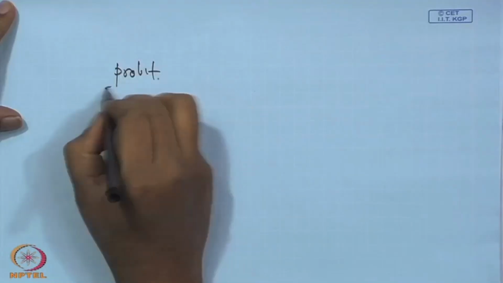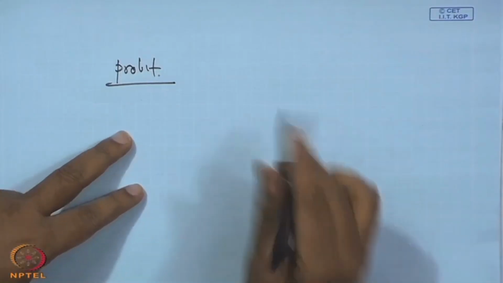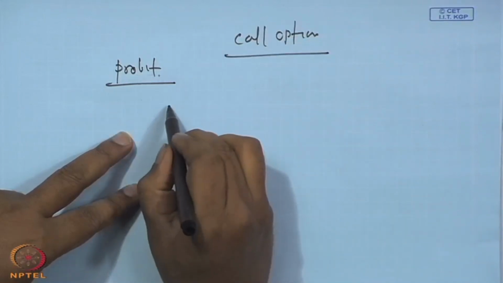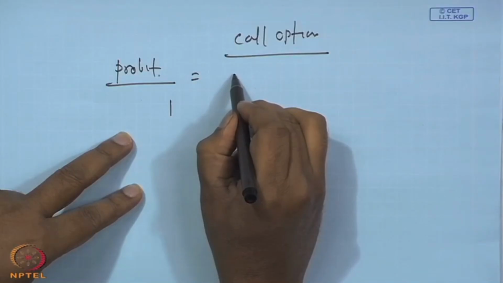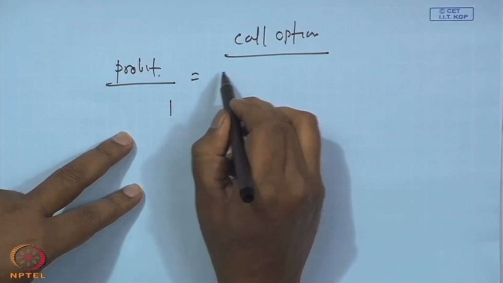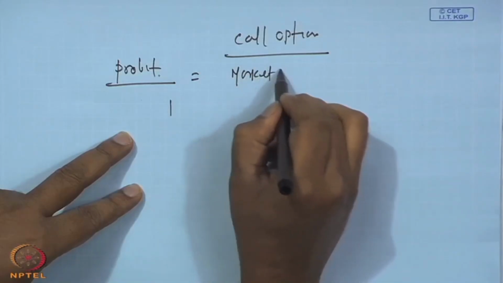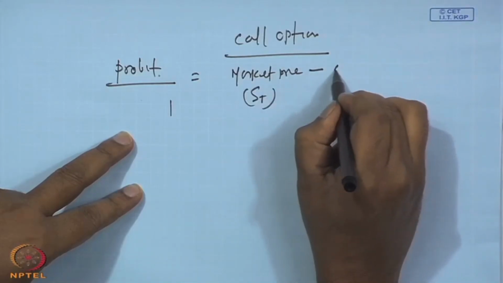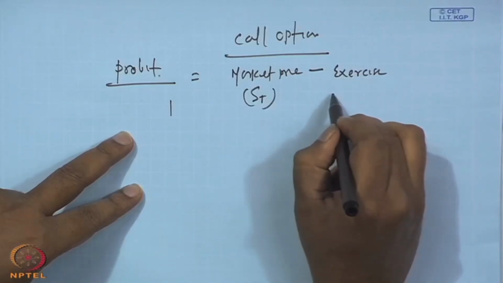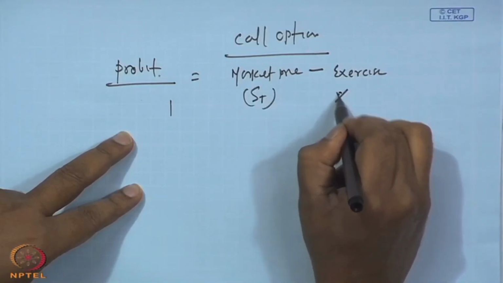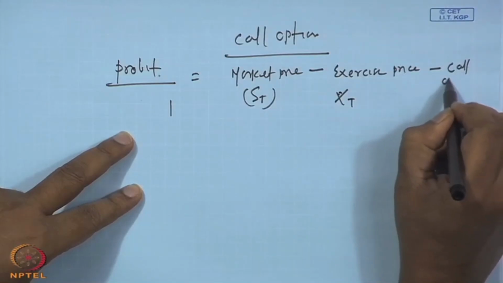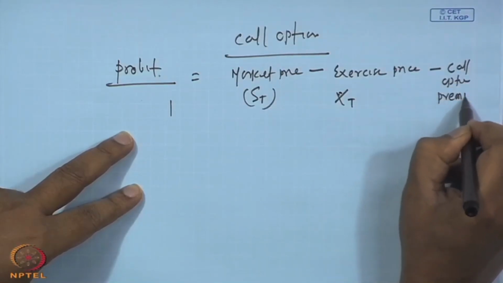In case of an appreciating currency, I have estimated that the currency will appreciate, so the call option profit will be: my profit is equal to the market price, suppose ST, minus my exercise price, suppose I put here XT, and minus my call option premium, I put C.